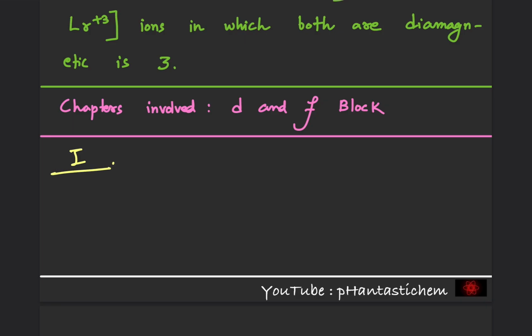So statement 1 talks about color, and color is due to presence of incomplete d orbitals. Very important.